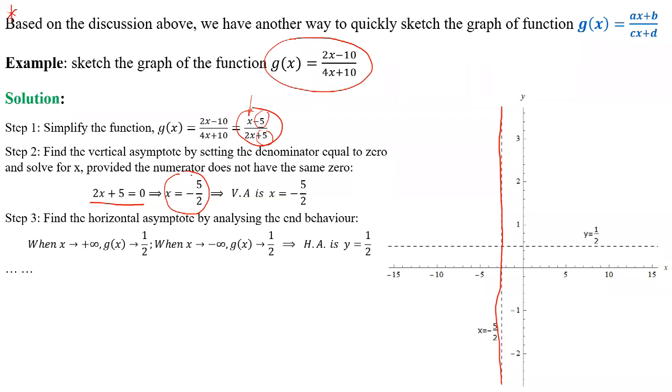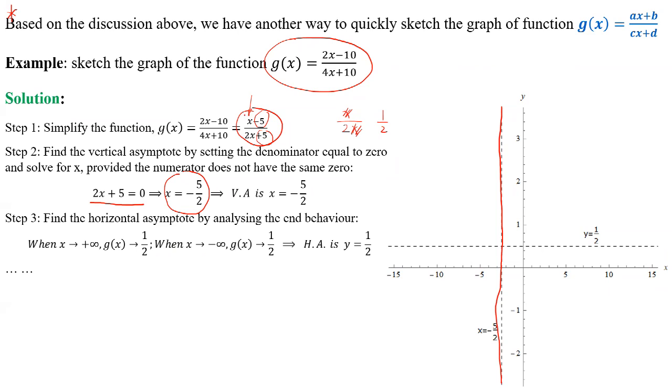So when x is very large, g(x) approaches x over 2x, which is actually 1/2. Understand? So the same thing will happen when x approaches negative infinity.